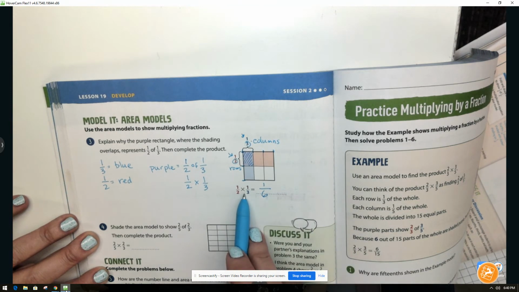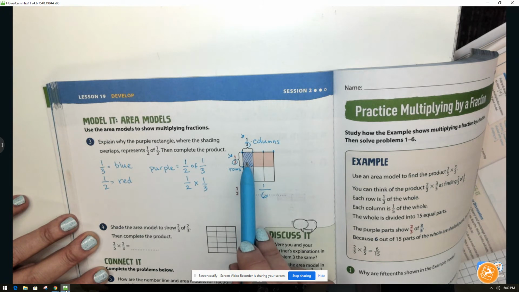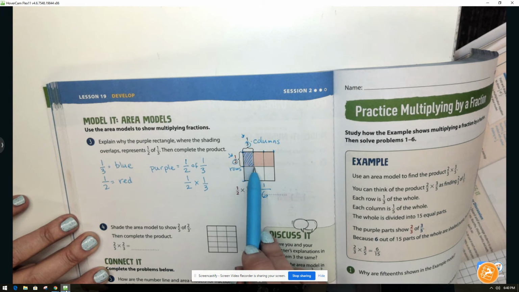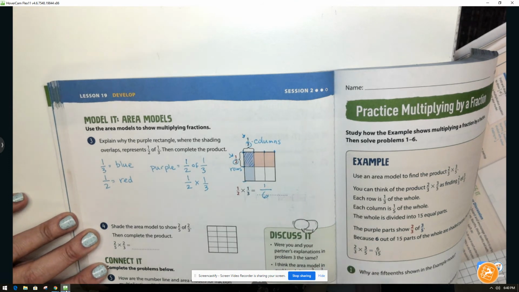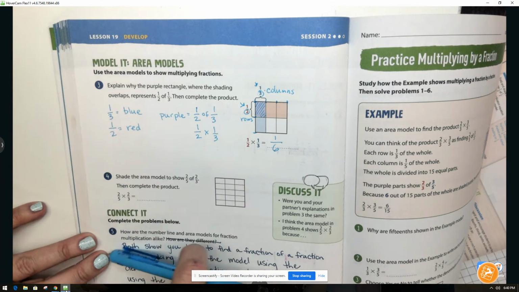So 1/2 of 1/3 is 1/6. So if you had 1/3 and you broke that 1/3 into half, it would equal 1/6. Let me show you on the next to show you again how this works.